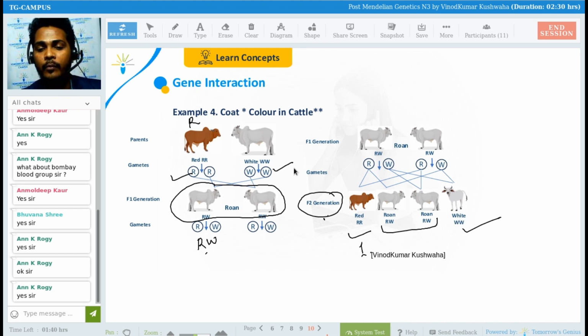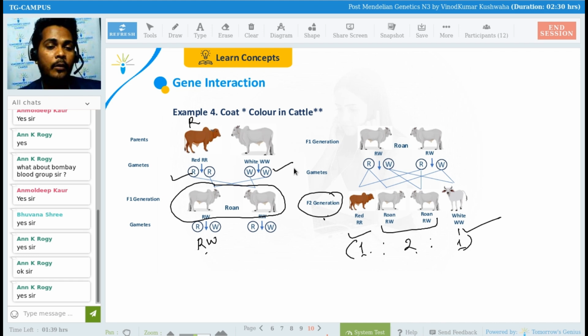So red color number is 1, white color number is 1, and roan color number is 2. So it becomes again 1:2:1. So this is another example related to codominance. That means they are equally dominant, and it is codominant. Yes, is this clear?